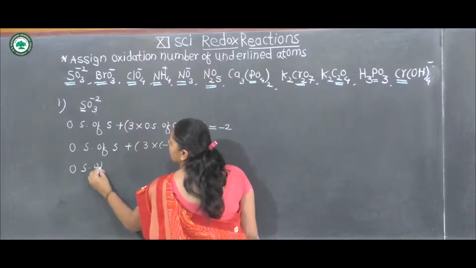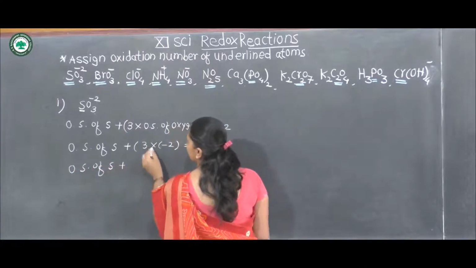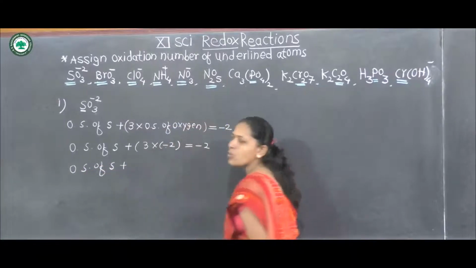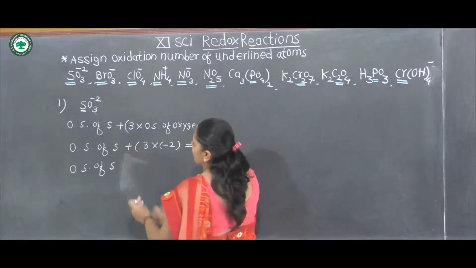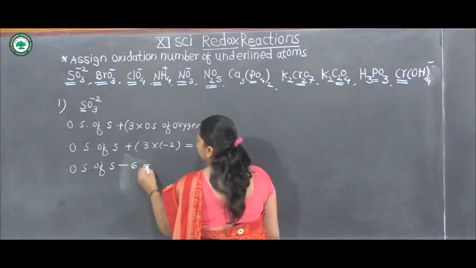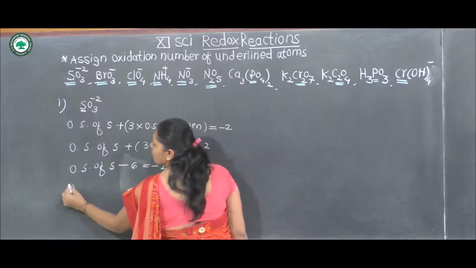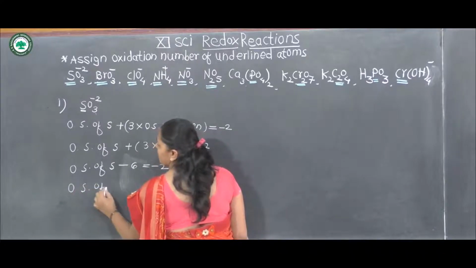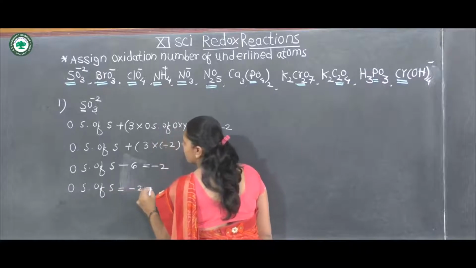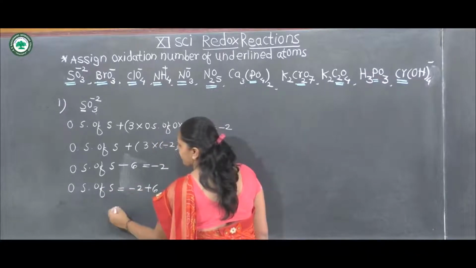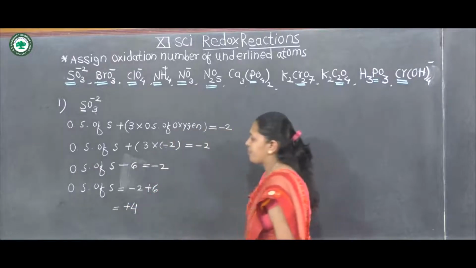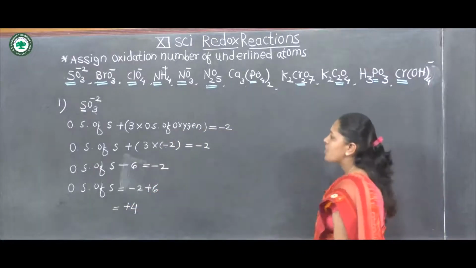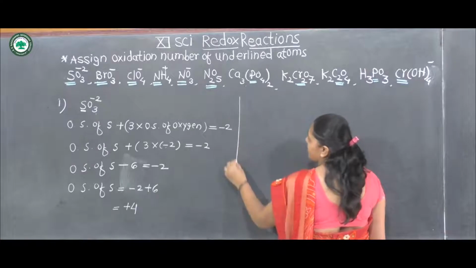Oxidation state of sulfur plus 3 multiplied by -2, that is -6, is equal to -2. Therefore the oxidation state of sulfur is equal to -2 plus 6, that is +4. This is the oxidation state of sulfur in the first example.